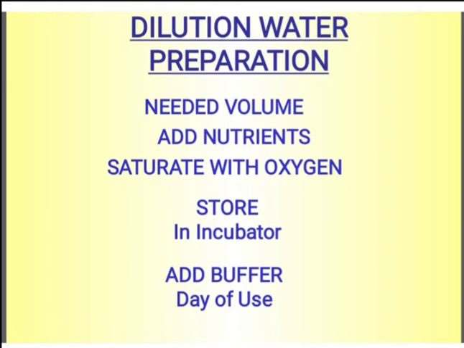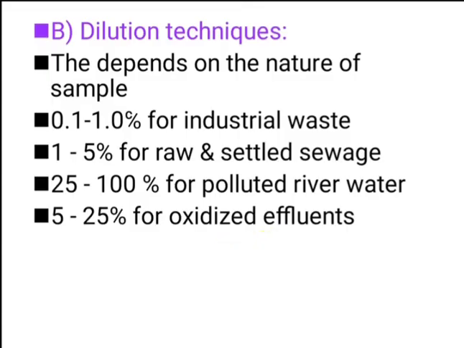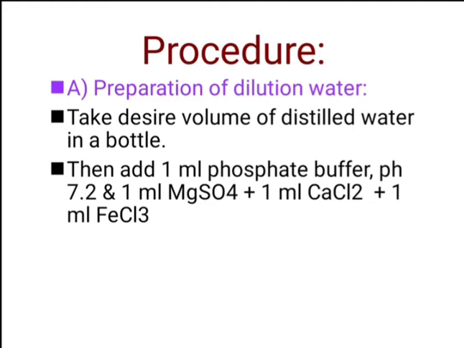So if you have kept this bottle for 5 days, on each day you have to add 1 ml of buffer in the same bottle. Now this is the first part, preparation of the dilution water.